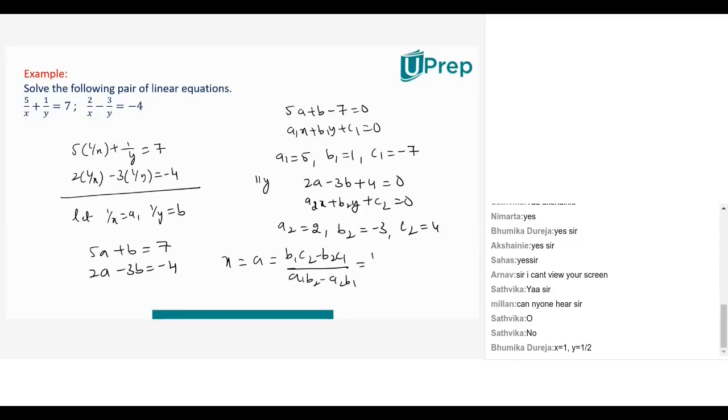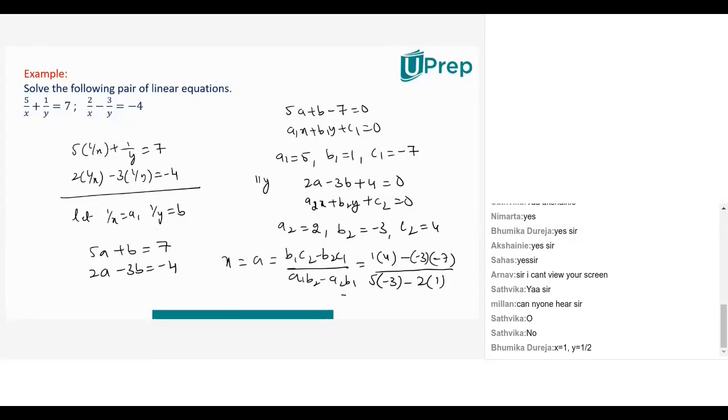So if you apply this, b1 is 1, c2 is 4, minus b2, what is b2? Minus 3, c1 is minus 7, by a1 b2 minus a2 b1. What is a1? 5, b2 minus 3, minus a2 2, b1 1.